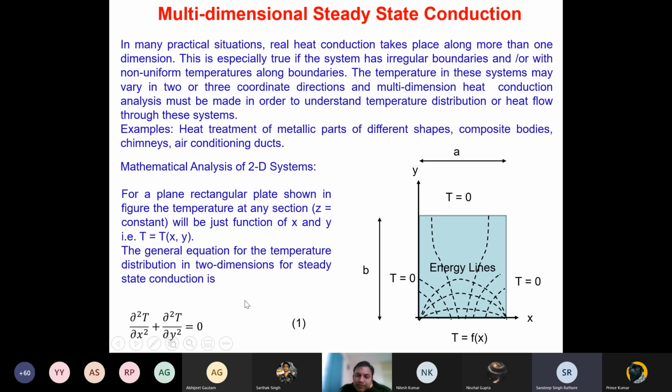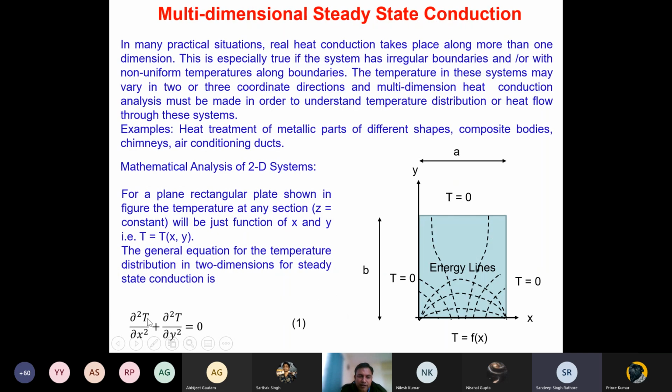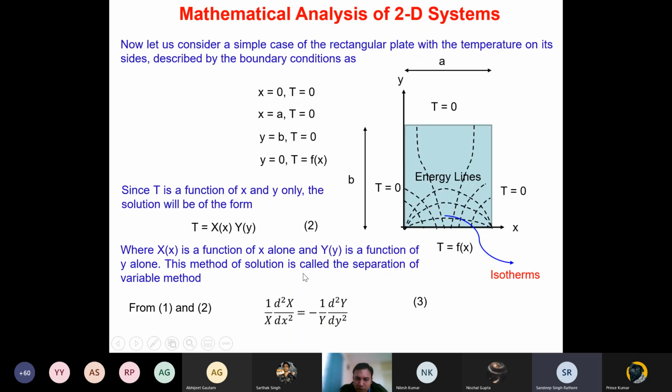If we differentiate it, we get 1 by X d square X by dx square equals minus 1 by Y d square Y by dy square. Do you all agree? If I put this T in this equation and differentiate it, this is what I am going to get. Do you all agree?